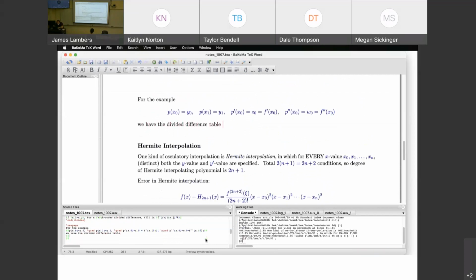Now, it's going to be interesting trying to do this on the fly in LaTeX.